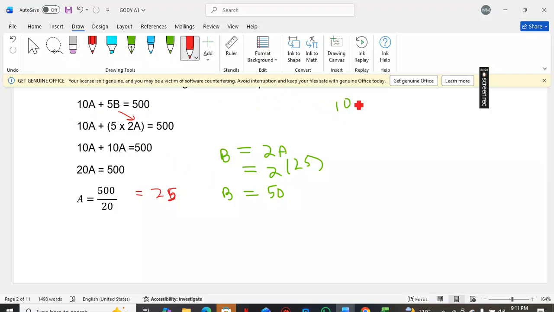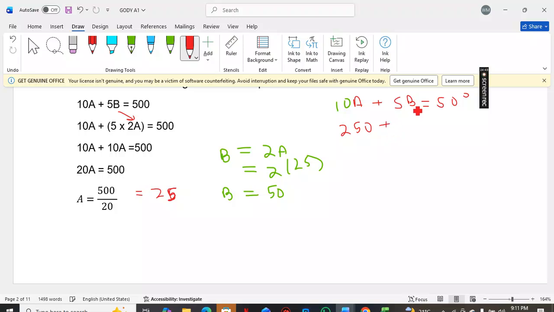Our budget constraint: 10a plus 5b equals 500. So if you buy 25 apples, 25 times 10, that will cost you 250 kwacha.